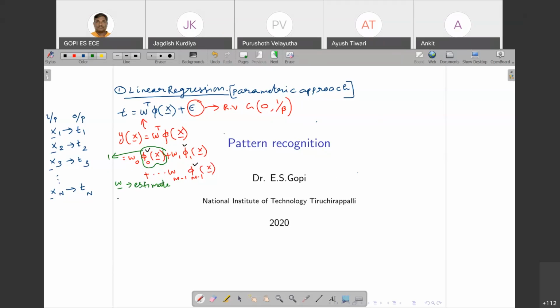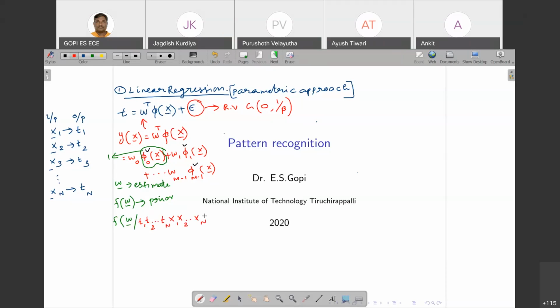One is the prior density function of w, and then we have w given the observations t1, t2 up to tn, and of course the corresponding inputs x1, x2 up to xn.